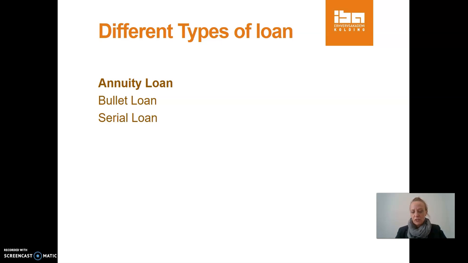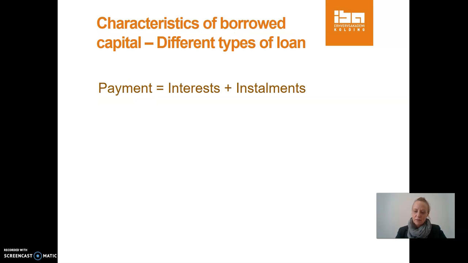So back to the annuity loan. You probably remember from the investment subject that annuity means an identical series of payments. And this is the same thing when we talk about what characterizes these different types of loans. We have to look at what characterizes it in regard to the payment, the interest that they pay, and their installments. So the characteristic of the annuity loan, from the financial perspective, is that the payments are identical throughout the whole duration time.